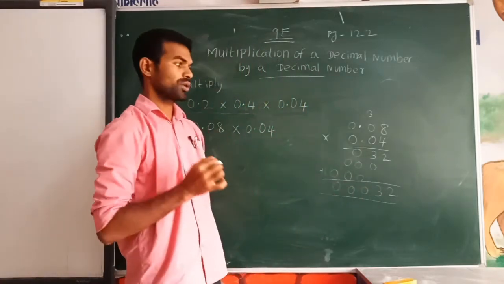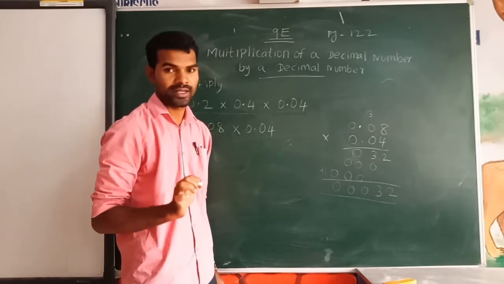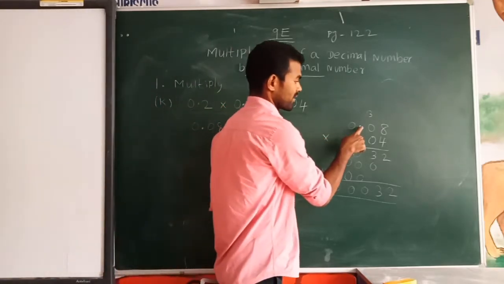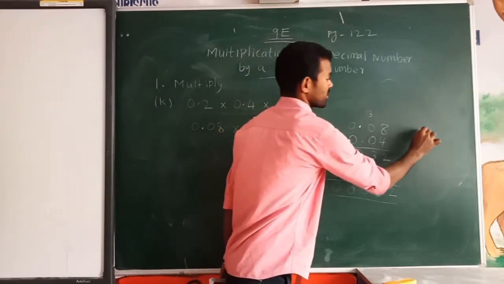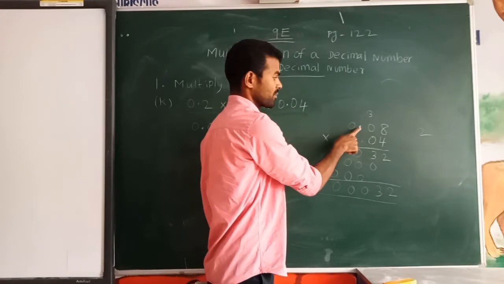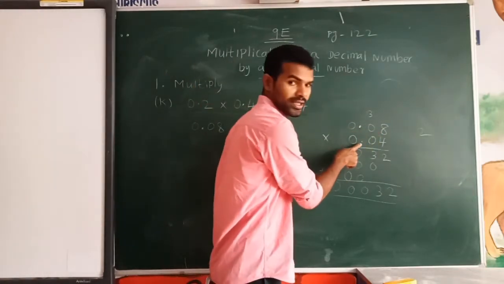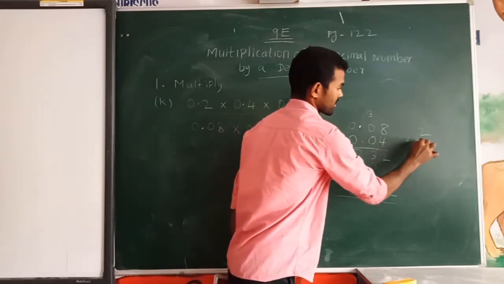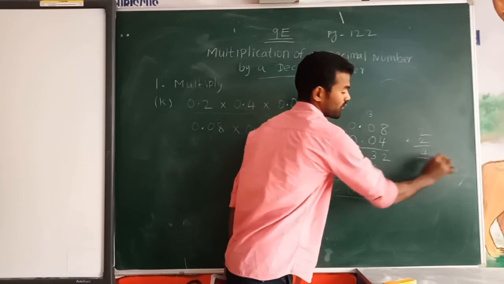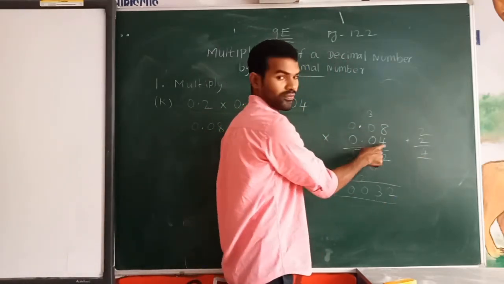Now the step is where to keep the decimal point. After the decimal point, how many places? 1, 2, two decimal places. Here also, two decimal places. So total 4: after the point 1, 2 and 3, 4.